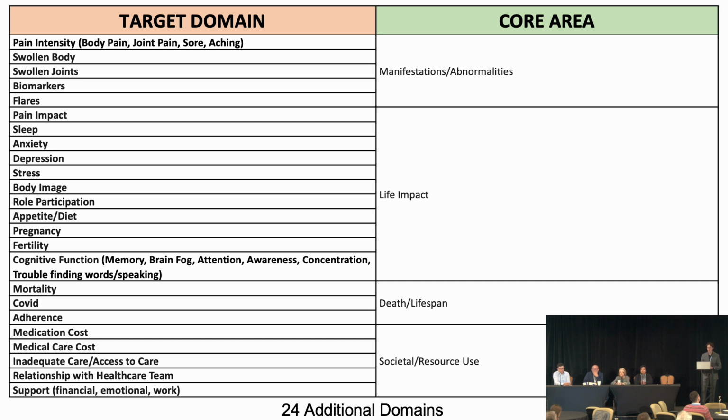We found 3 death or lifespan domains, being mortality, COVID, and adherence to medication. And for societal and resource use, we had medication cost, medical care cost, inadequate care, relationship with healthcare team, access to care, and support.